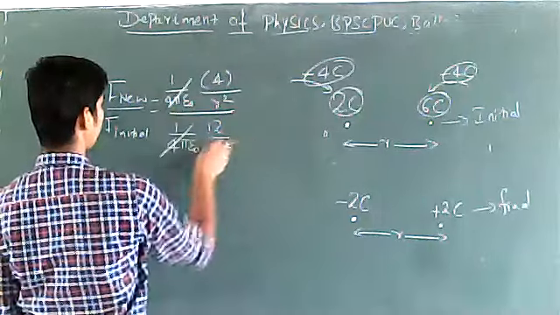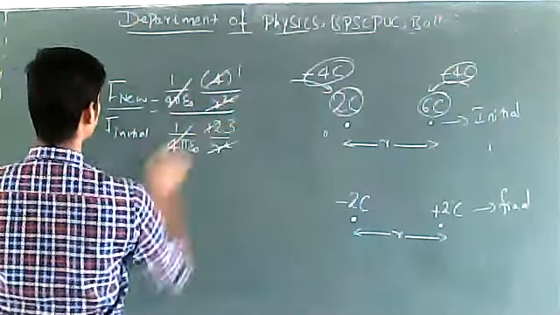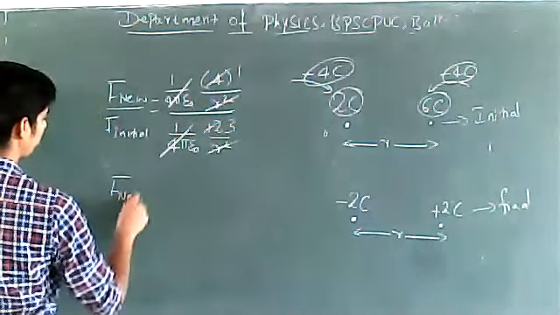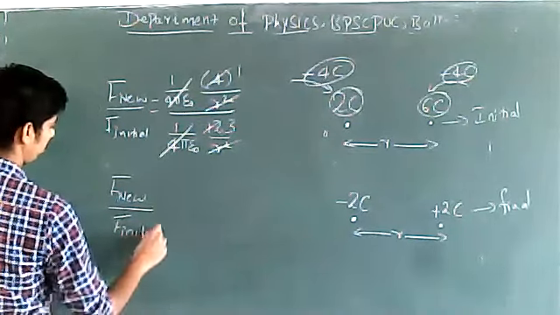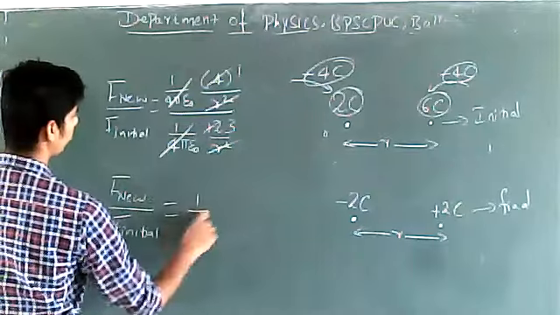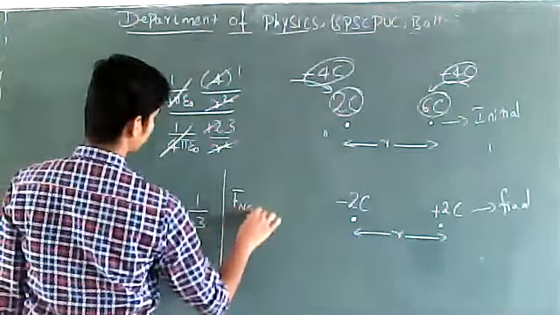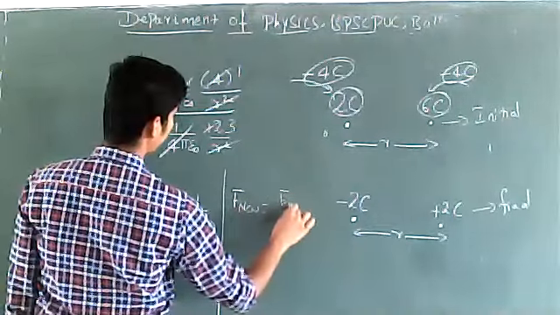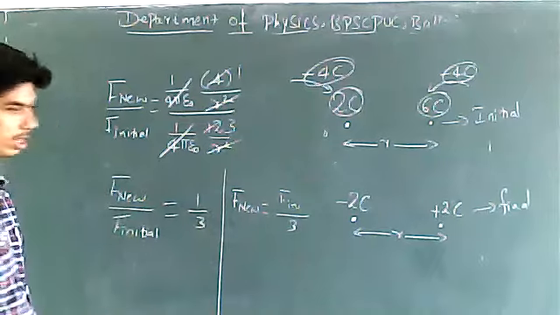The r square gets cancelled out. 4 over 12, so F new to F initial will be equal to 1 by 3. So F new will be equal to F initial divided by 3.